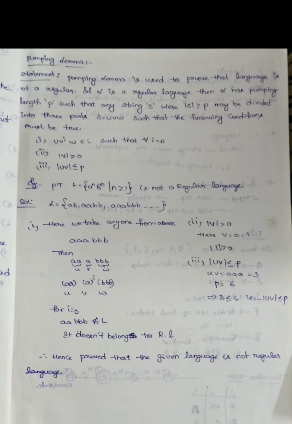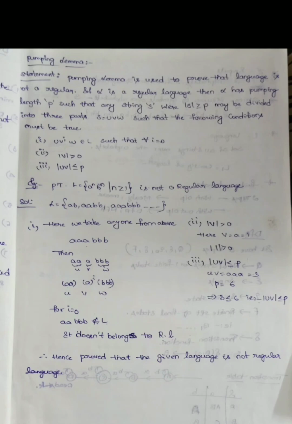First, u v^i w belongs to L for i greater than or equal to 0. Second, |v| is greater than 0. Third, |uv| is less than or equal to p.